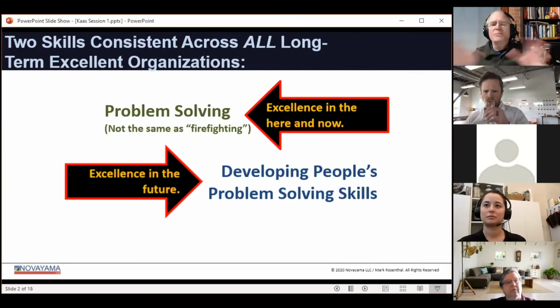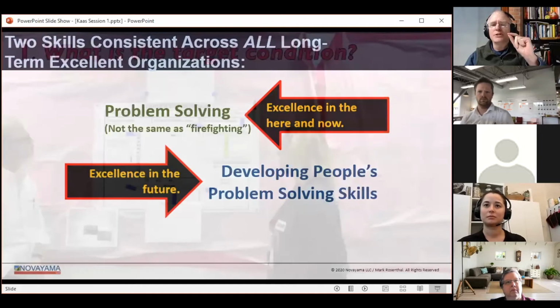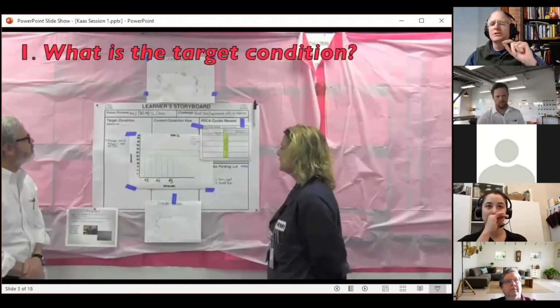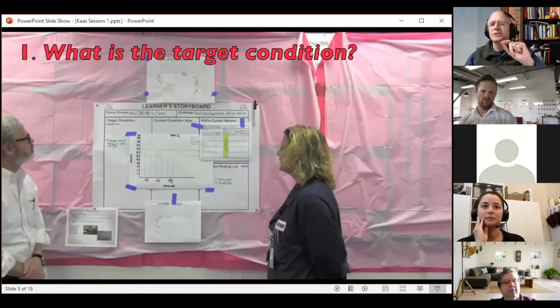I stripped out all the Toyota Kata stuff. What I want you to do is listen simply to how in depth Theresa here can go in describing how the process that she oversees works. She's the first level of leadership.